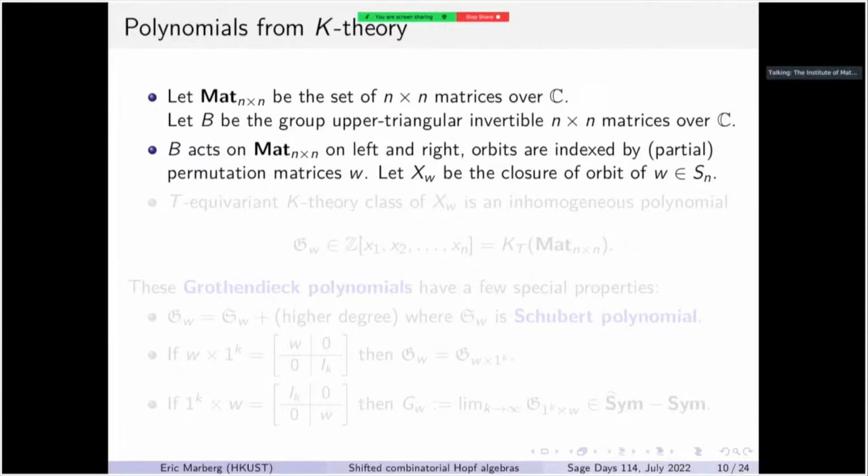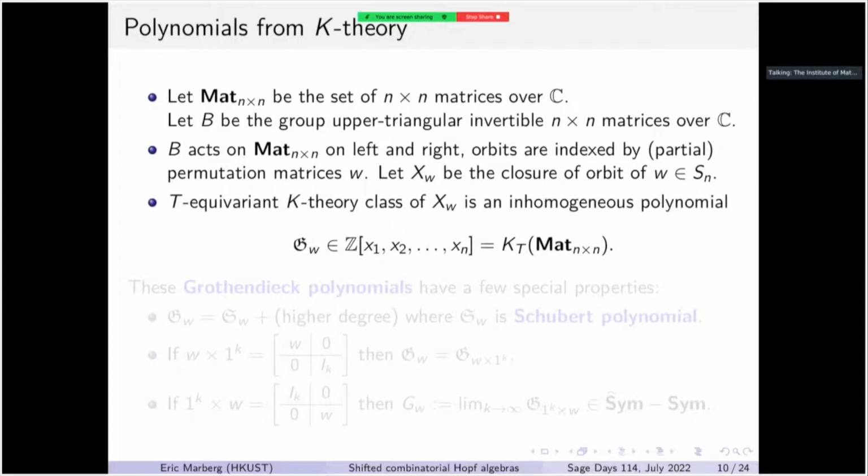Then I'm going to completely skip over all of the K-theory and geometry details here, and just say there's some way of identifying the equivariant K-theory ring of n by n matrices, for the torus of diagonal matrices, with the polynomial ring. Under this identification, the K-theory class of each of these orbit closures is some polynomial.